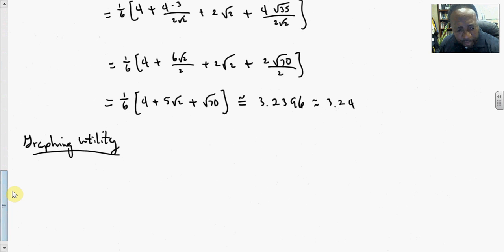Now in the graphing utility, a TI is the standard TI 89. You go to just the equation part to do some type of evaluation, and you find the integral. And so I did the integral symbol.